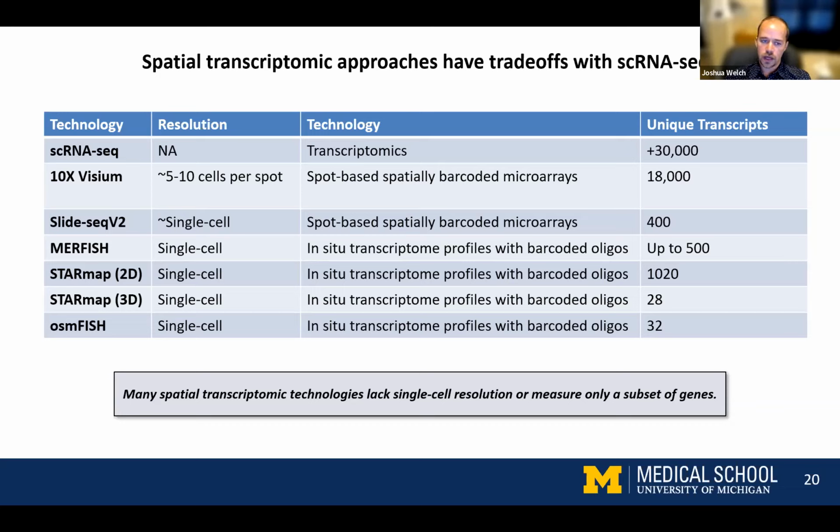But the problem is that a lot of spatial transcriptomic protocols lose something in terms of what they're telling you about gene expression. For example, the probe-based methods like MERFISH and STARmap and seqFISH and many others require designing probes to target your genes of interest. And many of these protocols can't target very many genes at once.